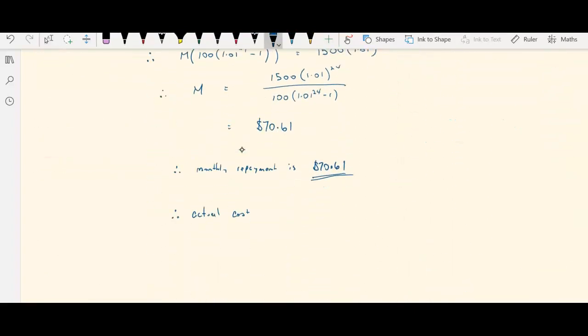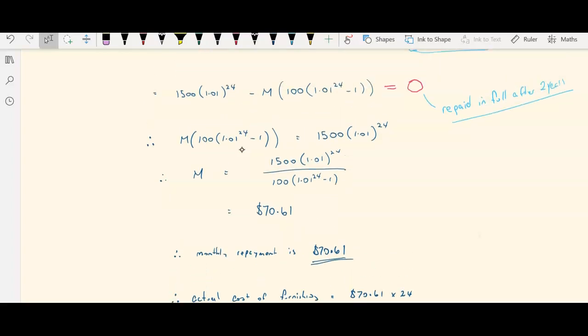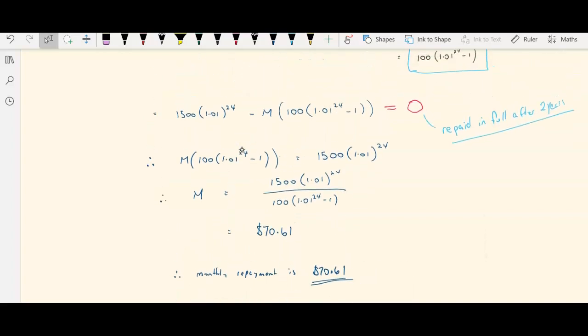Actual cost of furnishing is equal to $70.61 times 24, because he makes 24 of those repayments. I think we get 1695, which looks about right. He borrowed $1,500 so that he could get the furniture immediately. So the cost of that is that over 24 months, it costs him $1695. So he pays an extra $195 in rent.